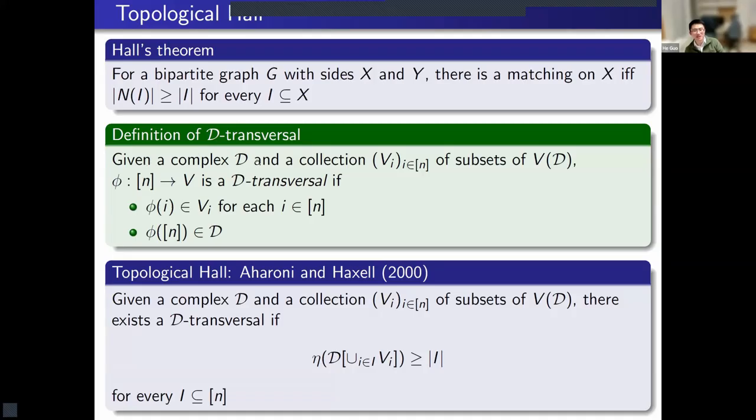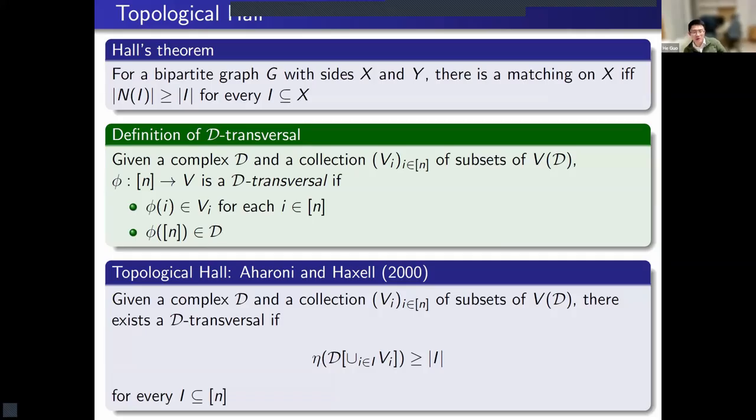Assume you have a complex D and a collection of vertex subsets of your complex D. Then a D-transversal is a choice function such that you choose one vertex from each vertex set, and all the vertices you choose form an element in your D. So that is a D-transversal.